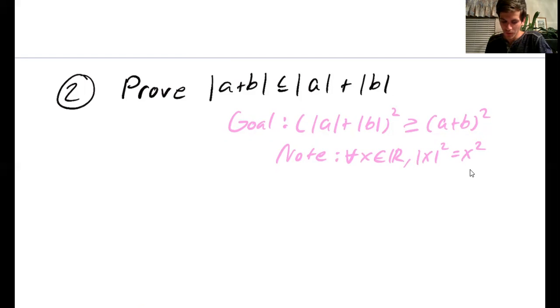So we're noting that we have the absolute value of x squared, which is equal to x squared. So we're going to use it in our proof.